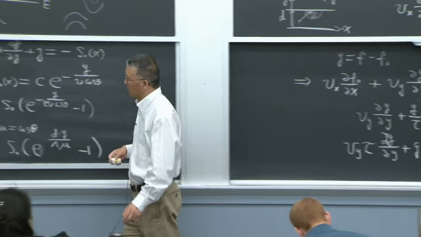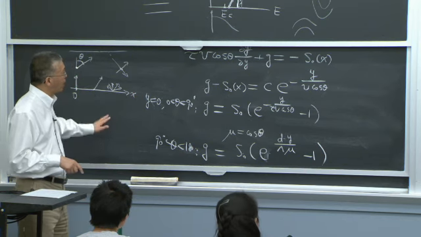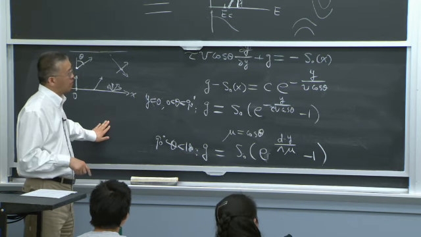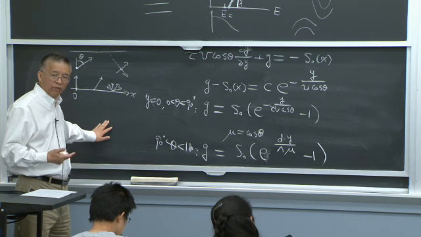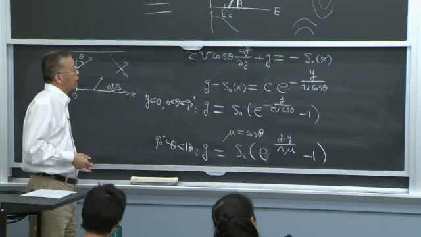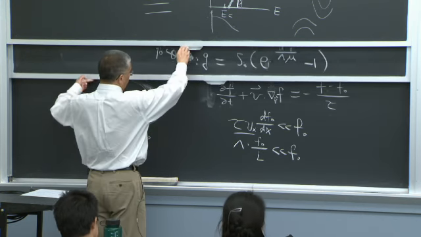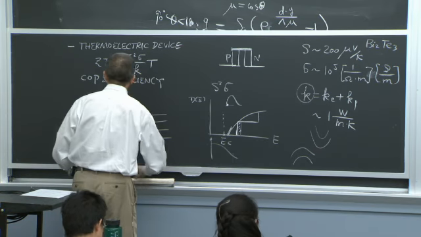Okay, so I have the solution for g. That means I know my F, because F is F0 plus g. So once I know F, I can go on to find out what the heat transfer is, right?